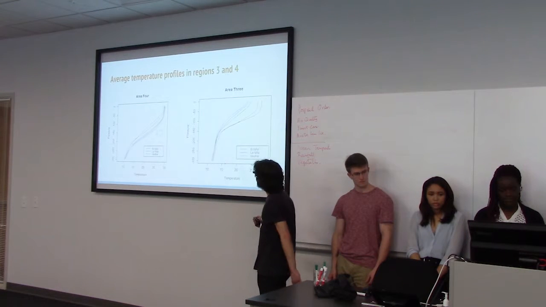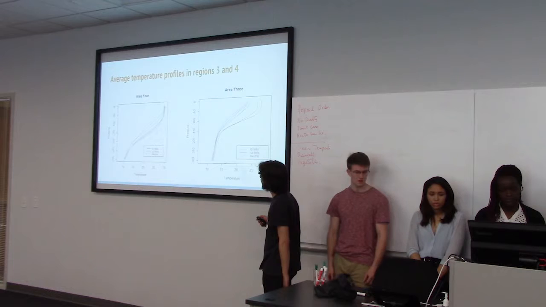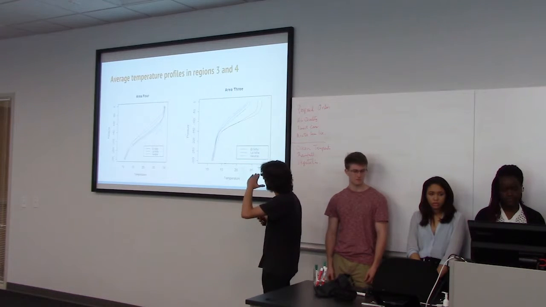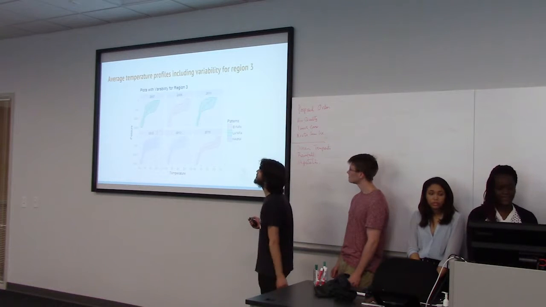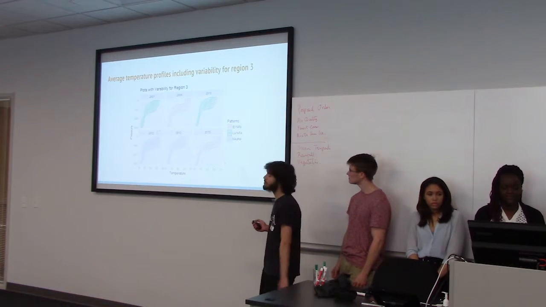But in area 4, it was easier to see the thermoclines and how each of them is shaped differently. For El Nino, it's more straightforward, for neutral it's in the middle, and for La Nina it's more sloped downwards. These are just the average temperature profiles, including the variability.